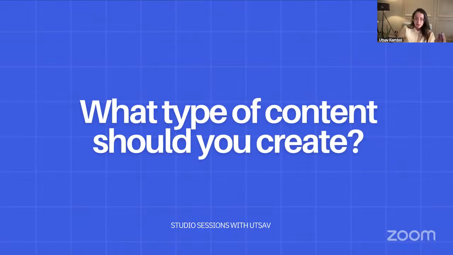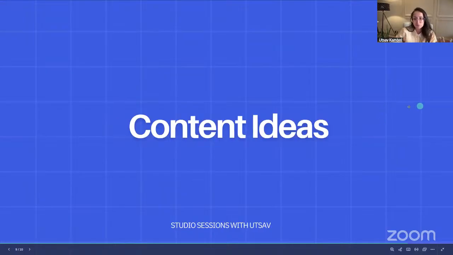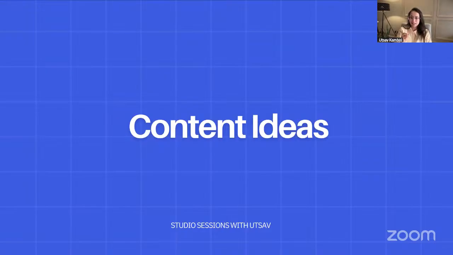Okay. So that's that. Now that was what kind of content you should create, right? Now we come to content ideas, which is basically the most difficult thing for most people, but I'll give a general recommendation. Just pick one project. Let's say it's a 3 BHK project, right? Divide it into different spaces.